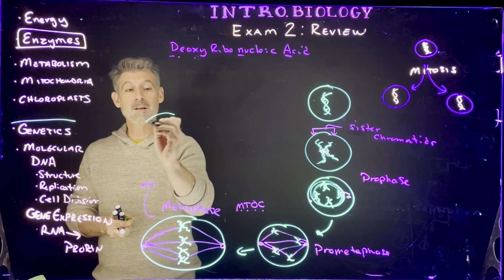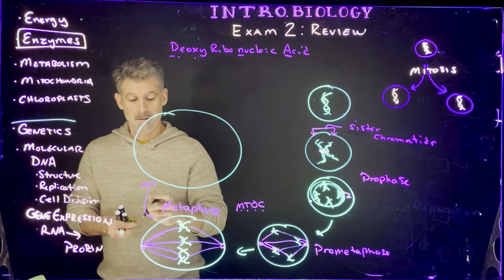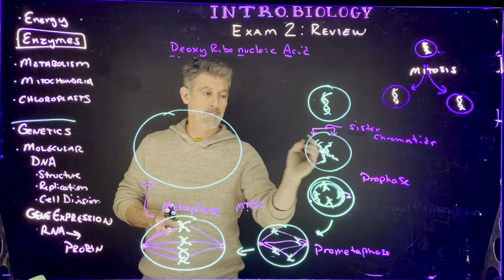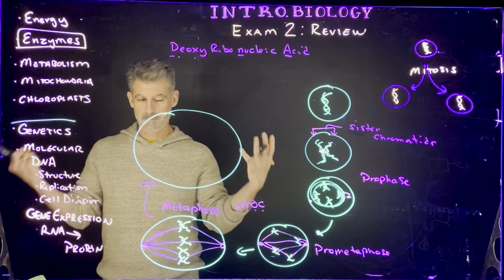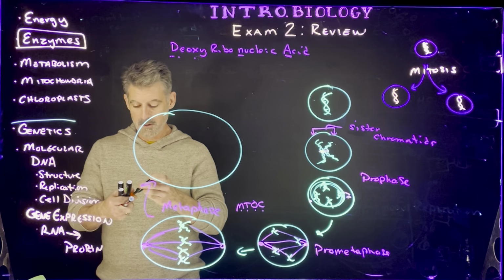Now, eventually a cellular signal binds to this cohesin protein and removes it. So it opens the belt up. Right?